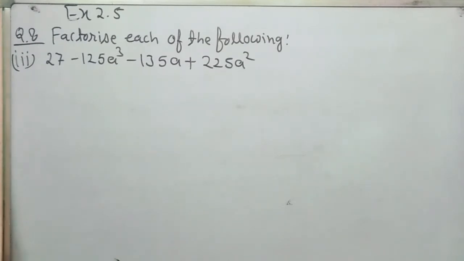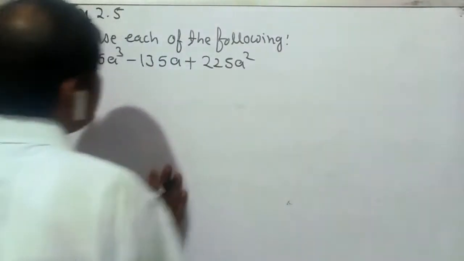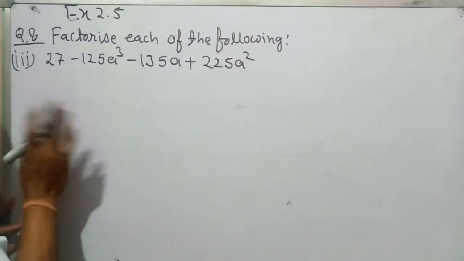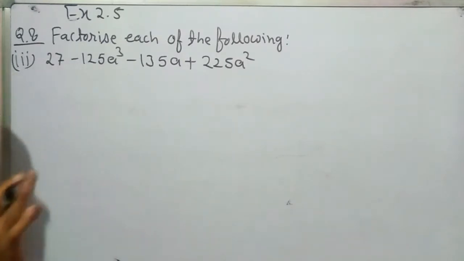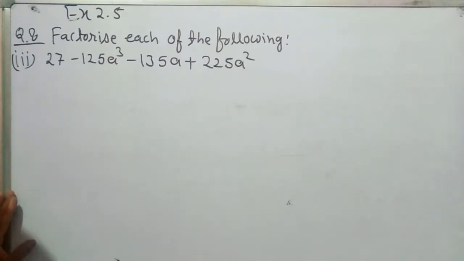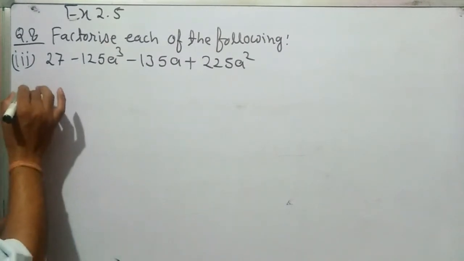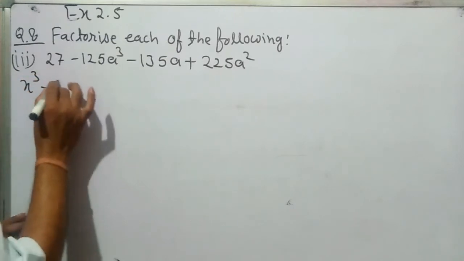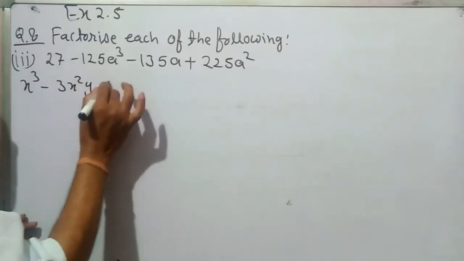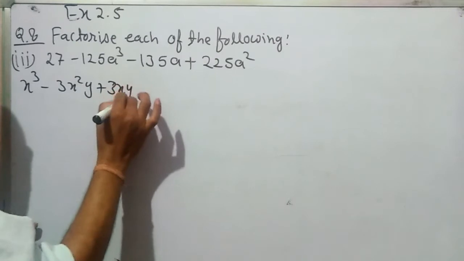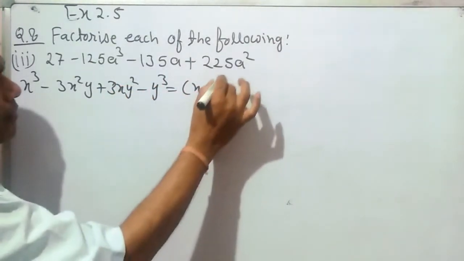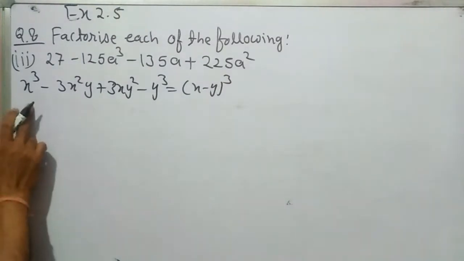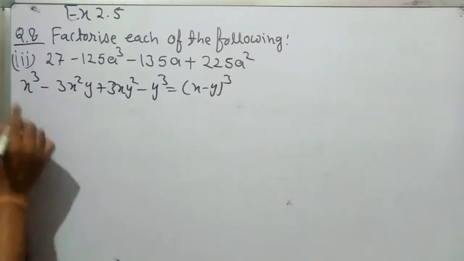Now in the third part of it, students, again we are seeing what are the two perfect cubes. 27 is cube of 3. 125 is cube of 5. That means if we use the identity x cube minus 3x square y plus 3xy square minus y cube, then in place of x cube we have 27.